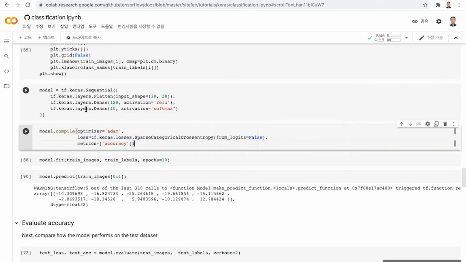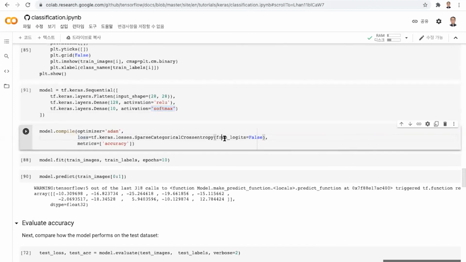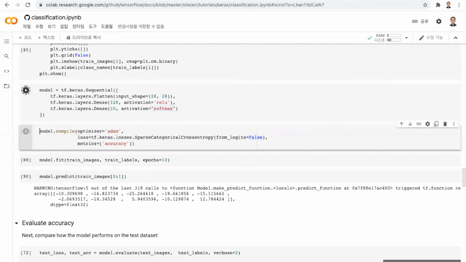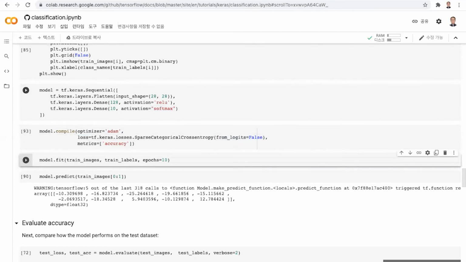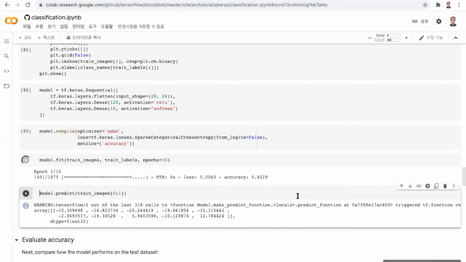The first one is the last layer: now the activation function is softmax, and then for the loss function, from_logits is false. And then let me rerun this one. So it's a model, and we compile it, and then we fit the model.